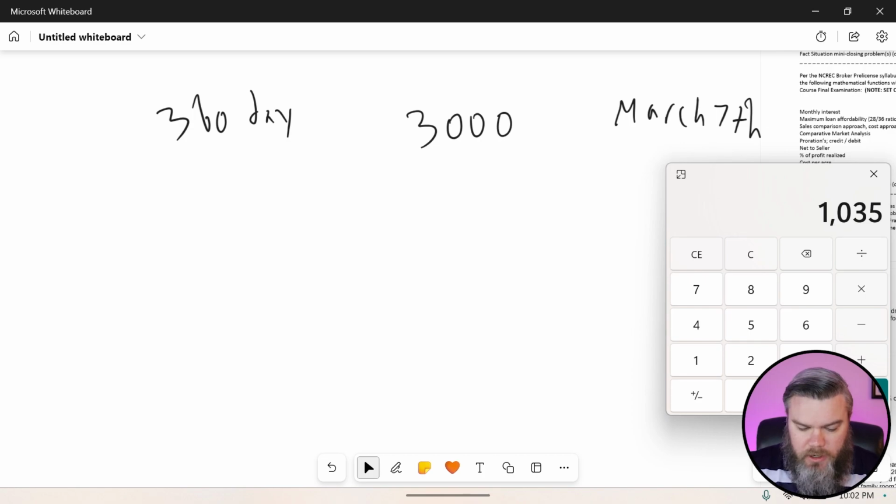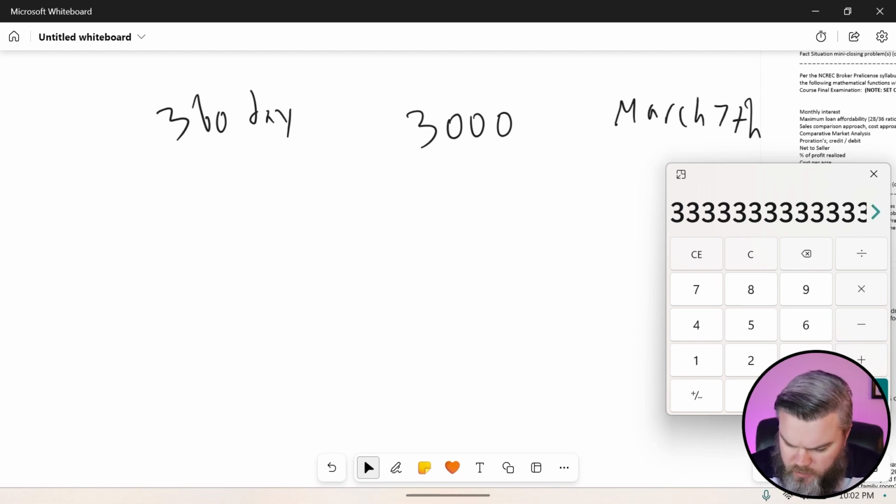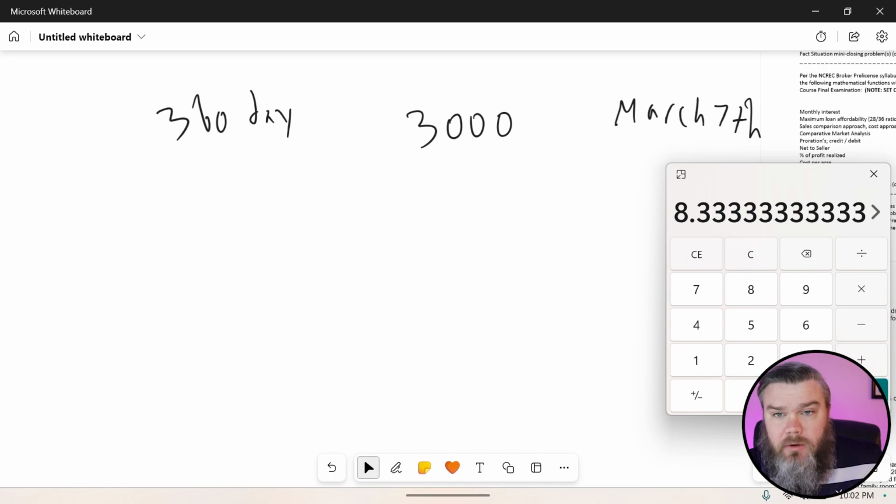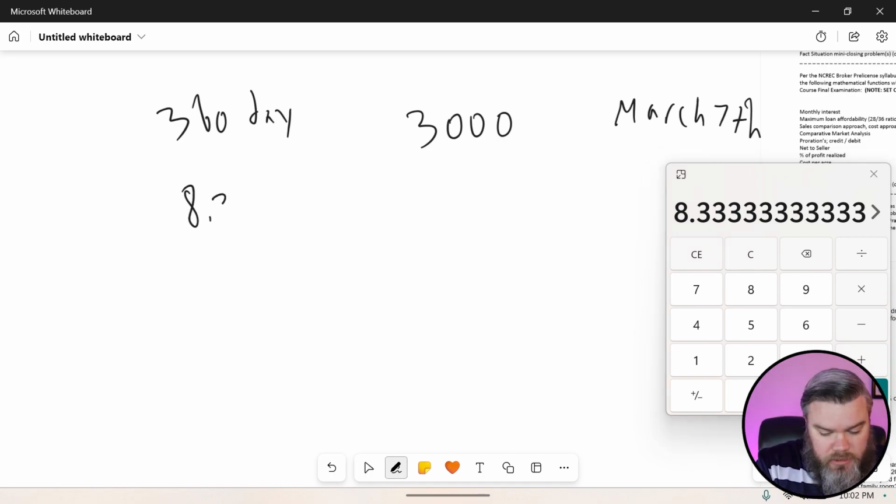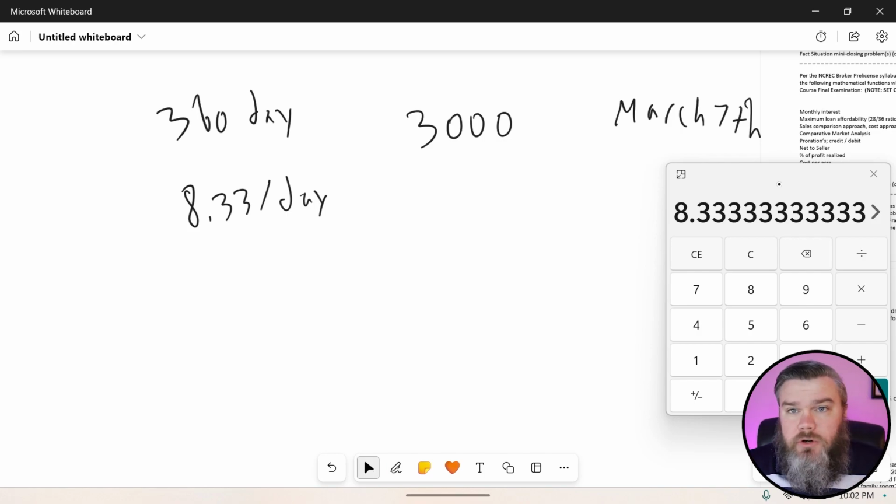Of our $3,000 annual tax bill, divide that by 360 days, and that would tell us that you would owe $8.33 a day.